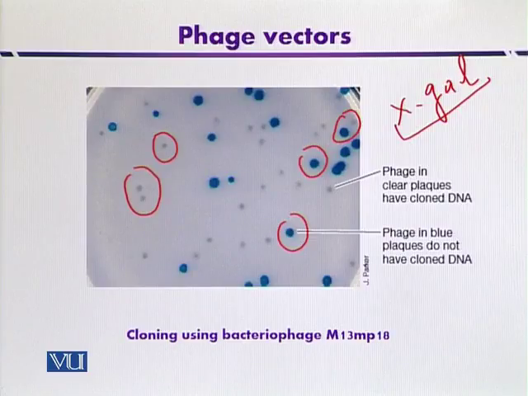Blue plaques indicate that the foreign DNA has not been inserted and recombinant phages are absent, whereas on the other hand, if beta-galactosidase activity is inactivated due to the insertion of the foreign DNA, then it means that the recombinant DNA is there and colorless plaques are produced.